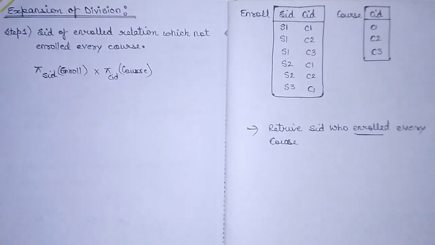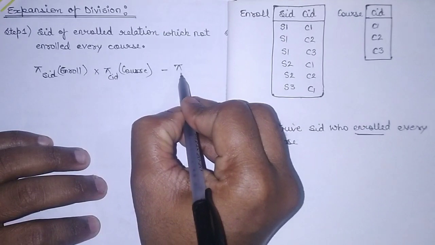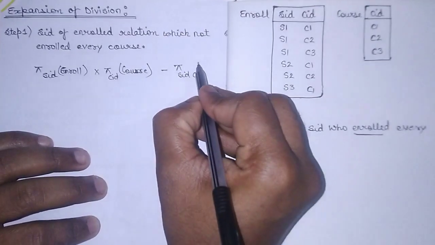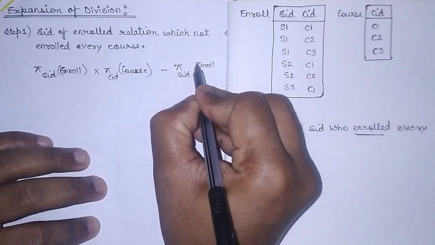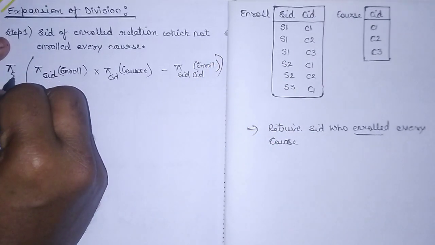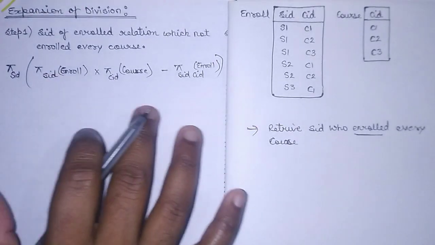Whenever we perform this, it will give you all possible pairs, or we can say every student enrolling in different courses. Then we have to subtract the actual given values, that means SID, CID, which is given in this enroll relation. And then finally we will be projecting the student ID, because we need to find out the student ID of the enroll relation.